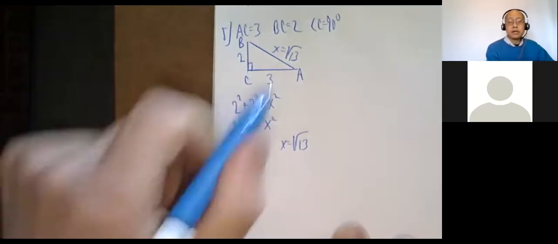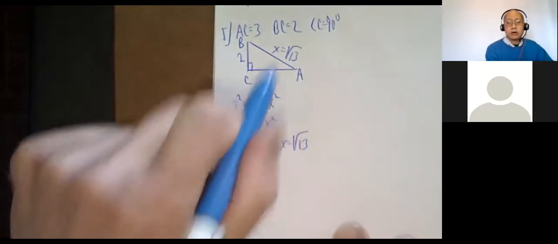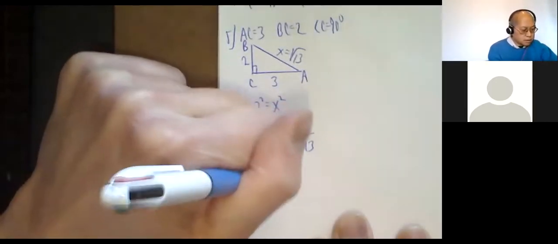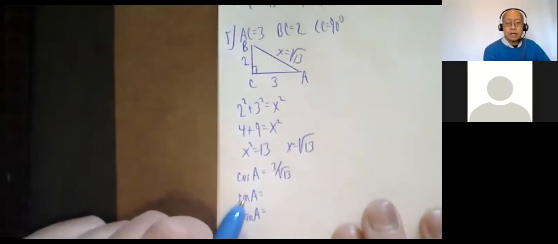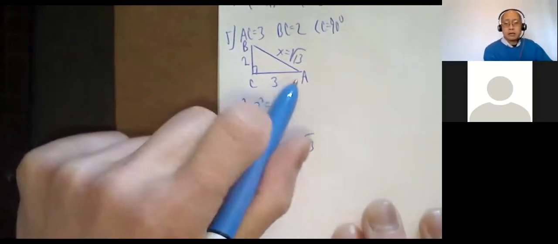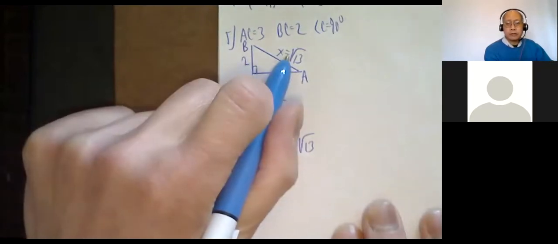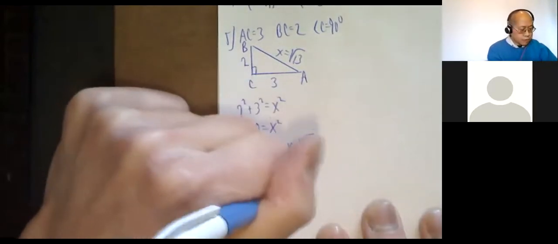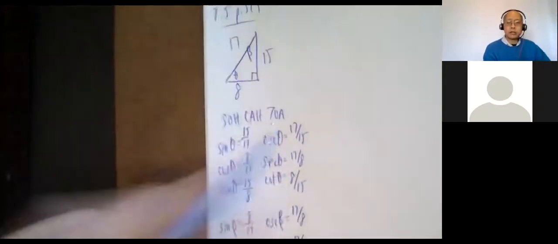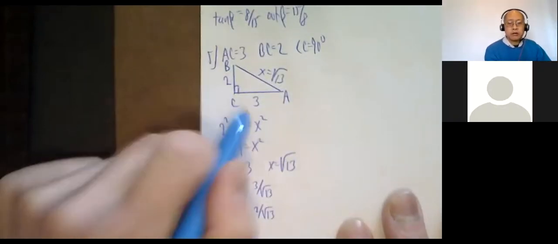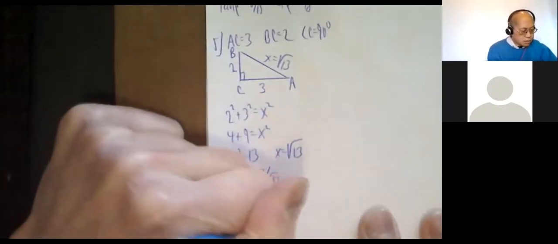Cosine is adjacent over hypotenuse, so 3 over radical 13. Sine of A, opposite over hypotenuse, 2 over radical 13. SOHCAHTOA. Tangent A, opposite over adjacent, 2 over 3.